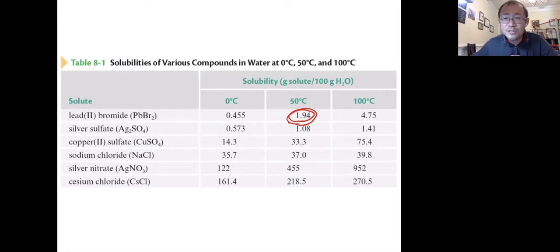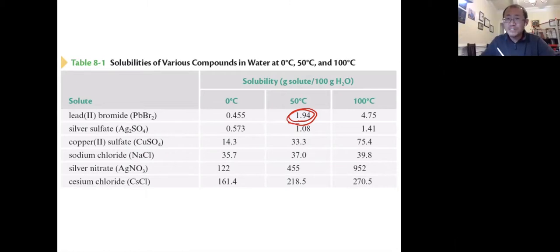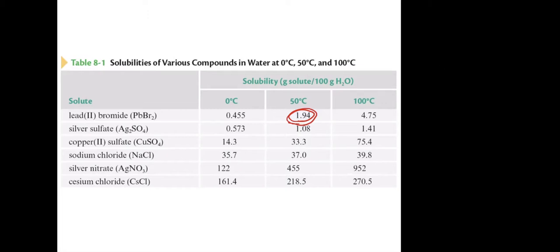Can you guess, Kaylin? If I have only 1 gram dissolved in there. Think about saturated, supersaturated. If I only have 1, it means not enough. Anybody can guess what it is called? Unsaturated. Unsaturated solution. Very good.